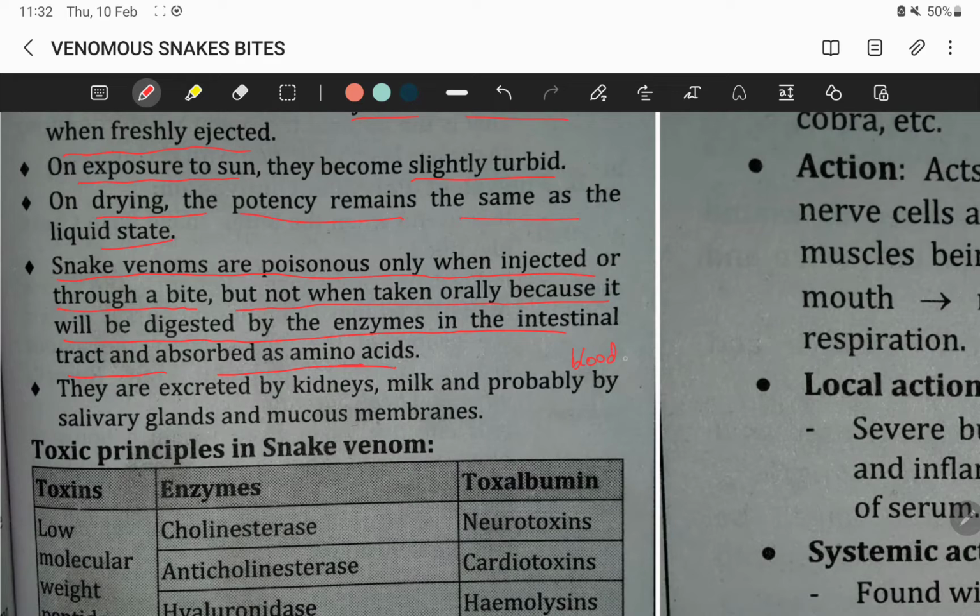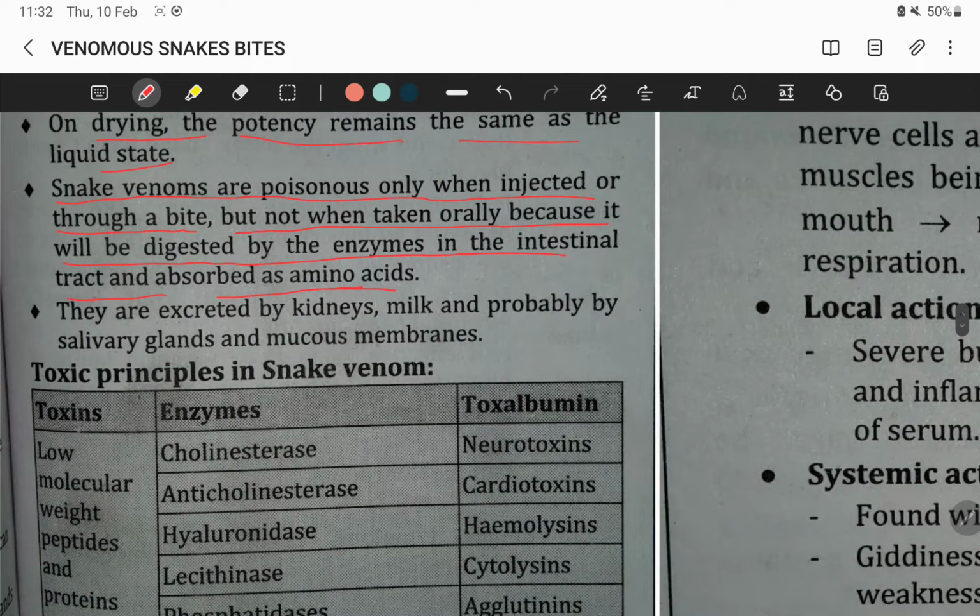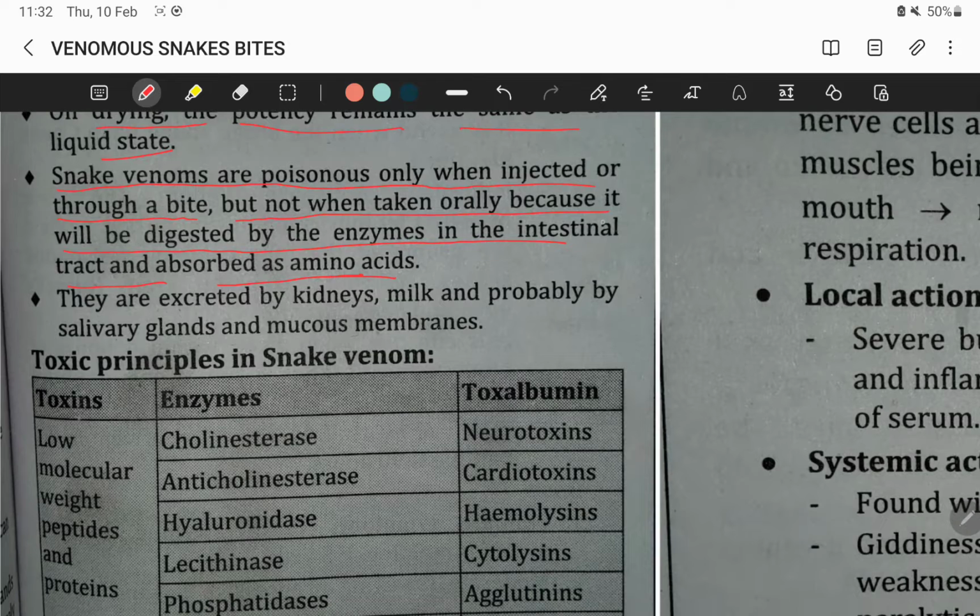If taken by the oral route and digested, they will not cause any symptoms, unless there are ulcers or varices in the esophagus and stomach, through which they can get into the blood. Otherwise they get digested and absorbed as amino acids and are excreted by the kidneys, and probably by the salivary glands, milk, and mucous membranes, okay.